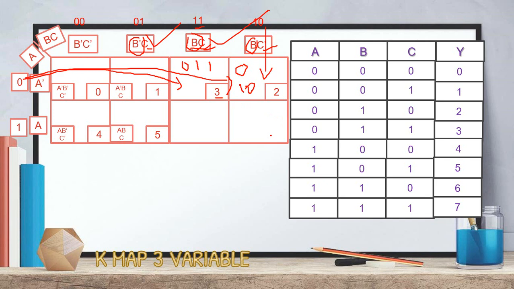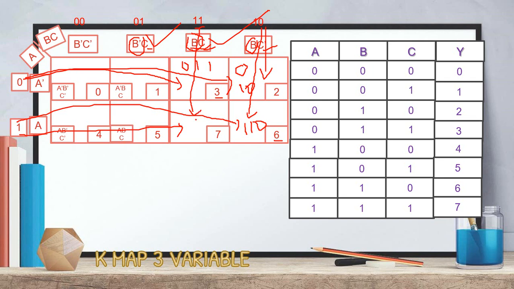Then we go with 1 from this side and 1 0 from this side, so it is 1 1 0, which we call 6. Then the last one is 7, because it is 1 and here also 1 1, so all ones, which is called 7.